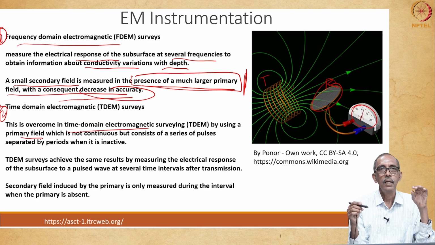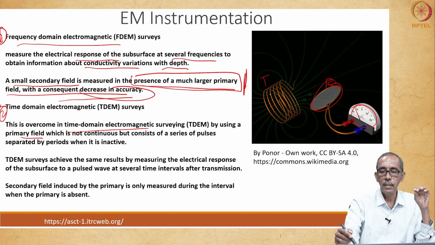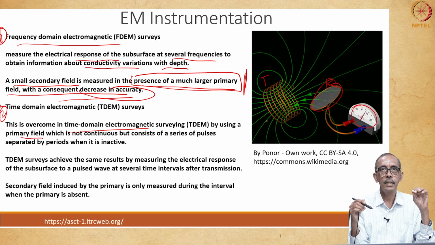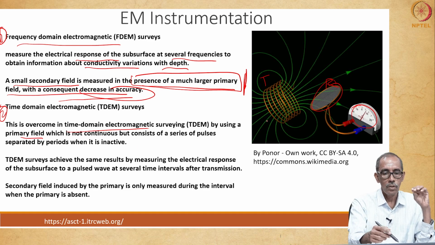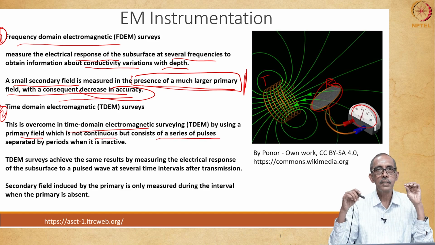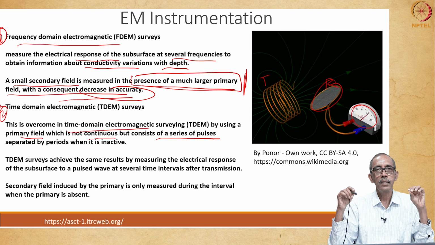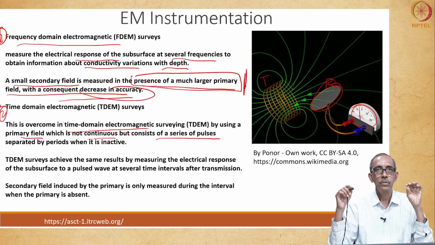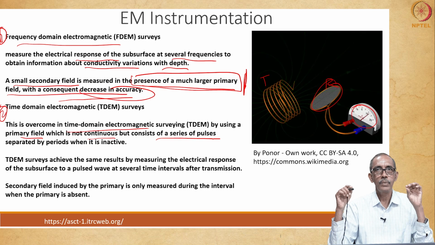That means the application of current is done intermittently. So, the primary field consists of a series of pulses separated by periods. That means you apply the current and stop the application of current.